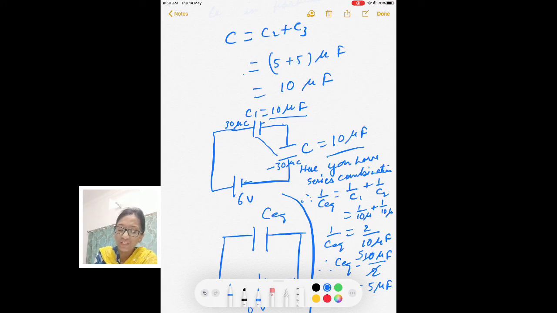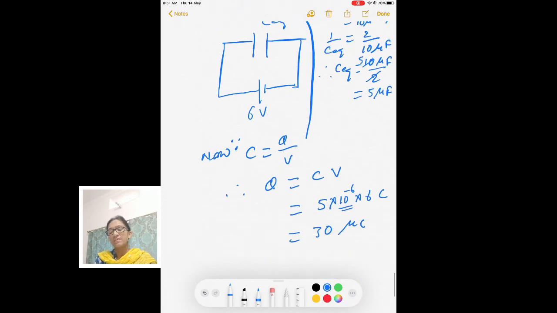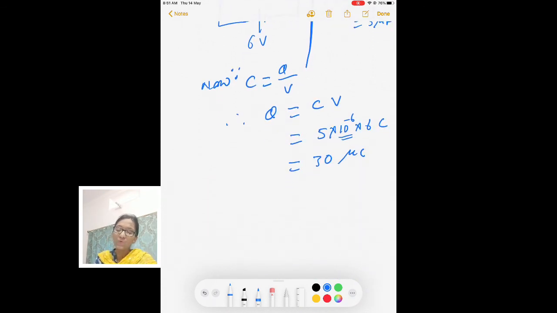This positive charge will attract all the negative charges, and in this neutral conductor the remaining charge will be left on the other side, that is plus 30 microcoulomb. So you see that this 30 microcoulomb is not divided.